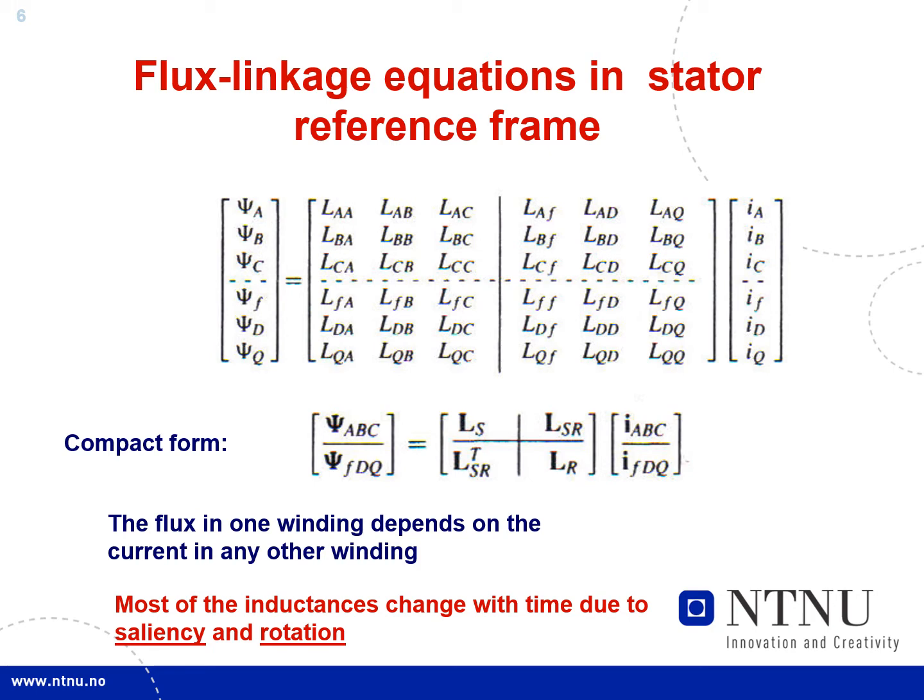We could write this in more compact form by separating the windings and the currents in stator and rotor, as is indicated here. Basically, all the currents influence the flux in all windings, so we could imagine that this is a full 6 by 6 matrix.